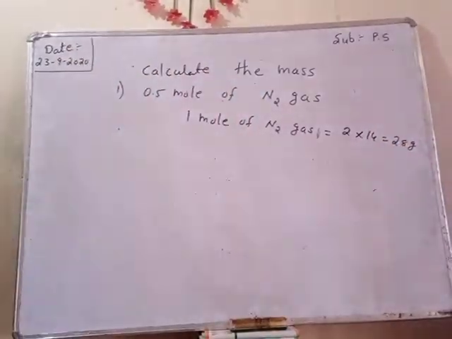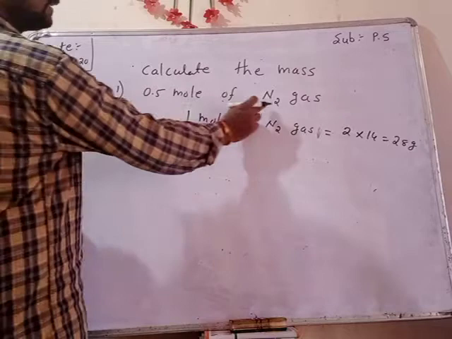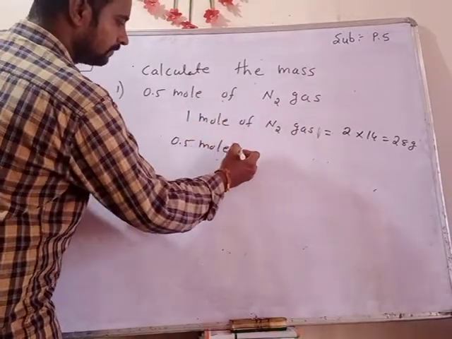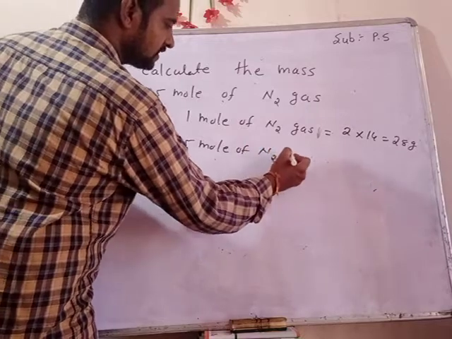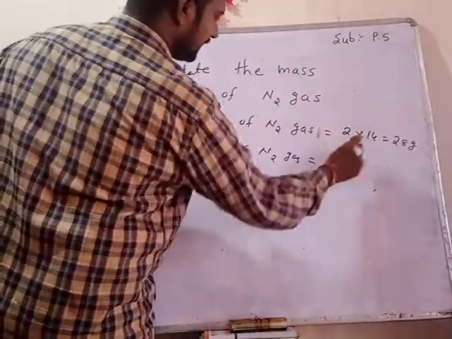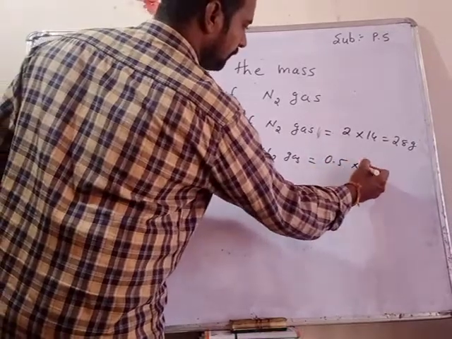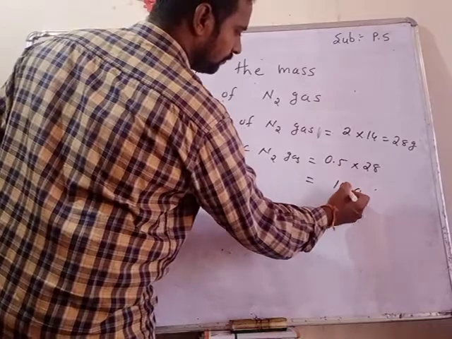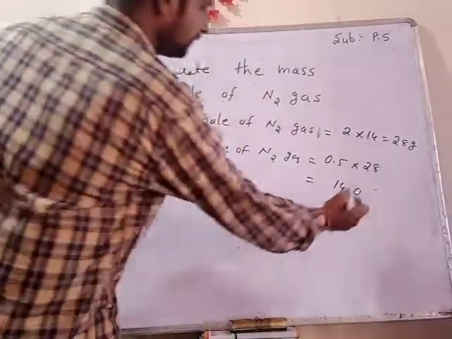But if you want 0.5 mole of nitrogen gas, then 0.5 mole of N2 gas is equal to 0.5 into 28 grams. So 0.5 into 28 is equal to 14. Clear all of you? So 14 grams.